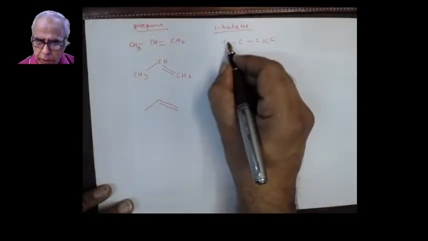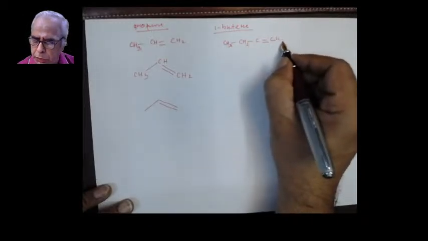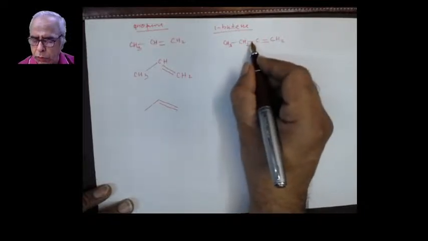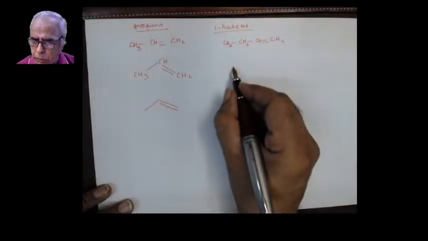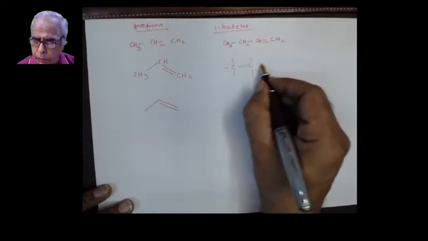So terminal CH3, in between CH2, and in this position CH2 because you have already got the double bond. So here 2 plus 1, 3. So you can insert only one hydrogen. Okay. So if you want to write like this, you can write, nothing wrong.